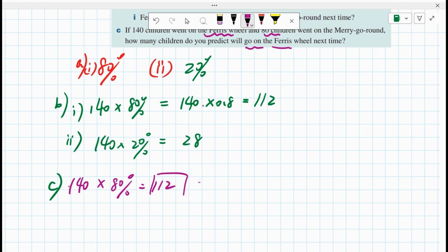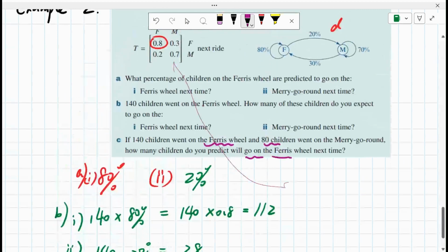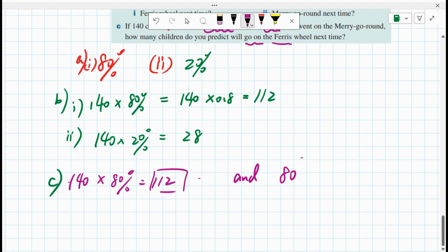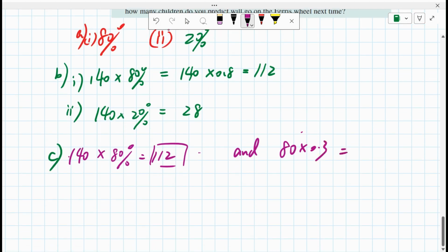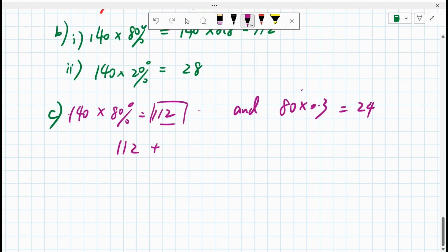And the 80 children on the merry-go-round this time: 70% go on the merry-go-round again, but only 30% go to the Ferris wheel, which is times 0.3, equal to 24. You add those two numbers together, and you can say 136 children will go on the Ferris wheel next time.